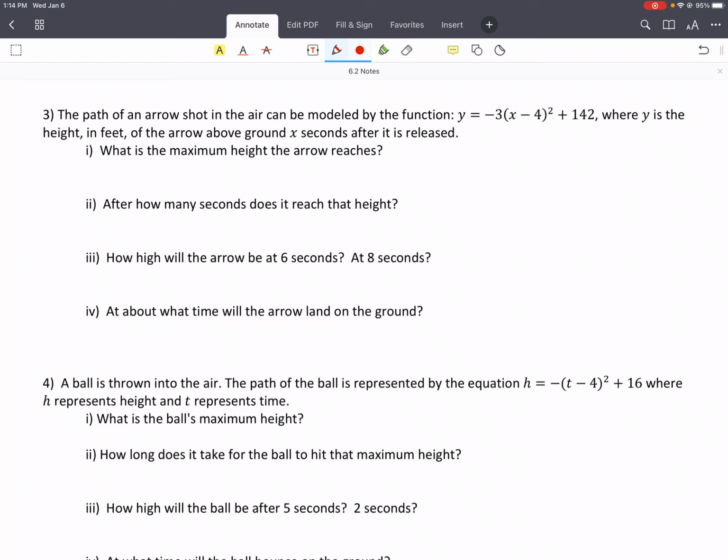So once we get our graph, now we need to find the different parts and identify what we need to find from the graph. So what is the maximum height the arrow reaches? That's the y coordinate of our vertex. How many seconds does it take to reach that height? That's the x coordinate of our vertex.